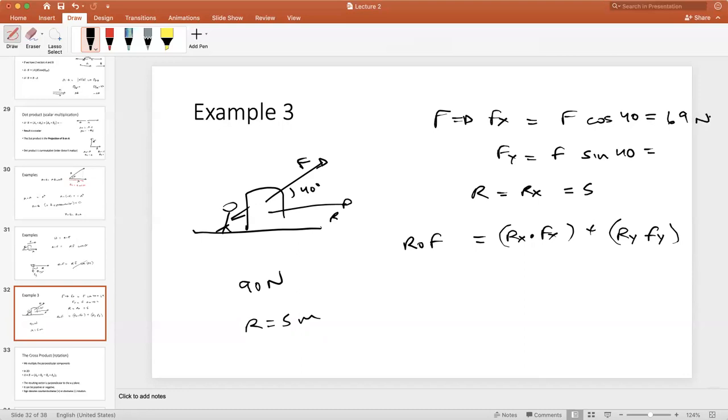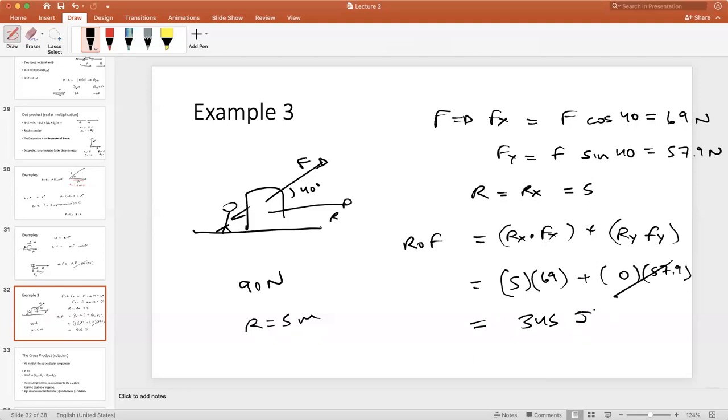And 90 sine 40 is about 57.9 newtons, okay? So here, our product is 5 times, what is F x? 69, plus 0 times 57.9. This part goes away, and we get 345.